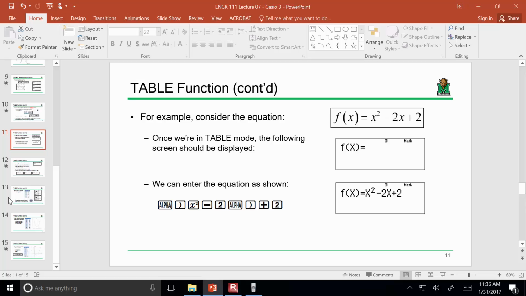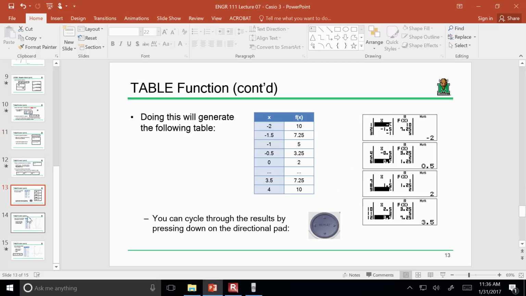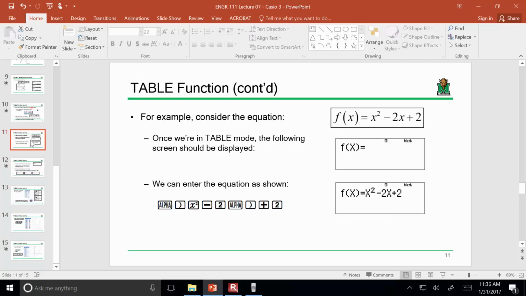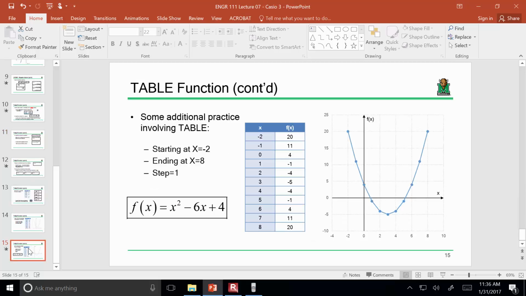And then f of x, let's see, where's the one we did before? This one, all right. So f of x will be x squared minus 6x plus 4.